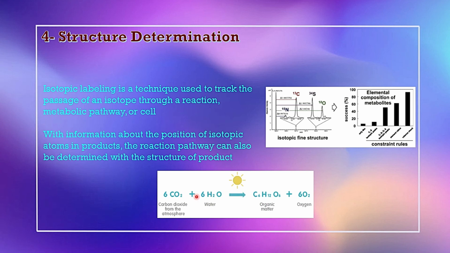With information about the position of isotopic atoms in products, the reaction pathway can be determined along with the structure of the product. For example, this carbon dioxide contains an isotope of carbon. So from where till where this carbon goes, in this way we can find the path of this reaction and the structure of the product which will form.